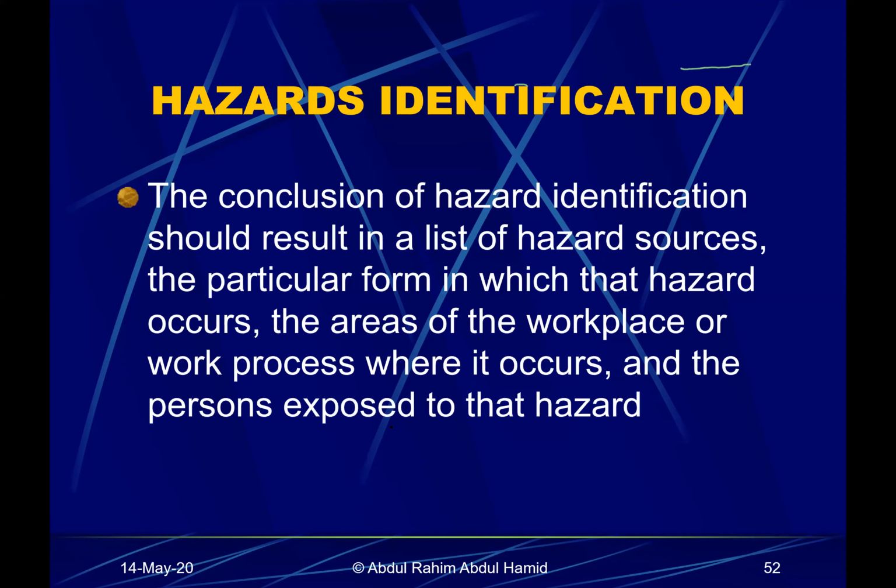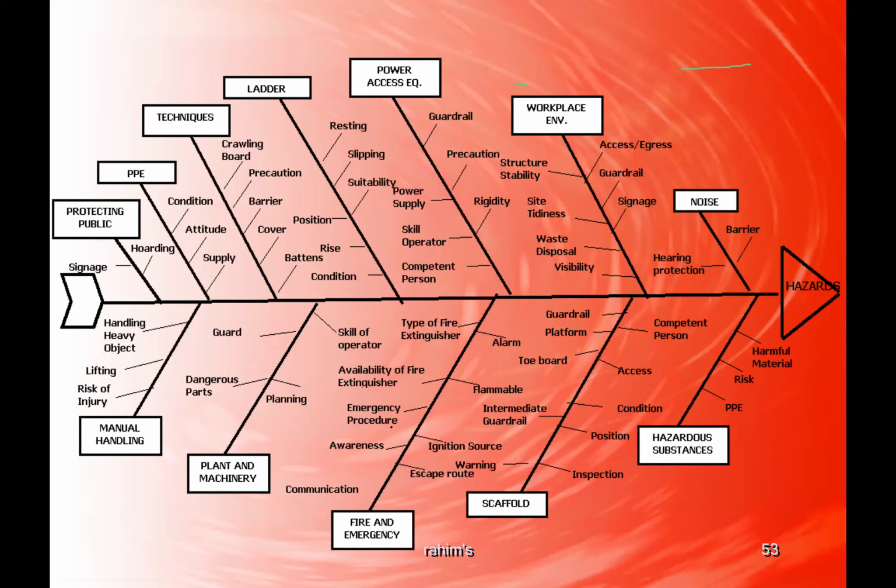Okay, if you go through all kinds of exercises to identify the hazard, at the end of the day, you will get a list of hazards. This is an example of a list of hazards that I did in one of my papers. You can Google my paper, hazard at construction site, and then you will get this kind of picture.